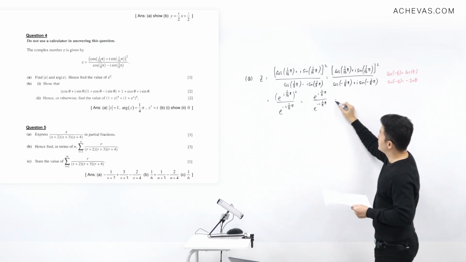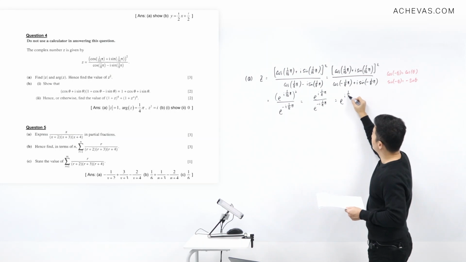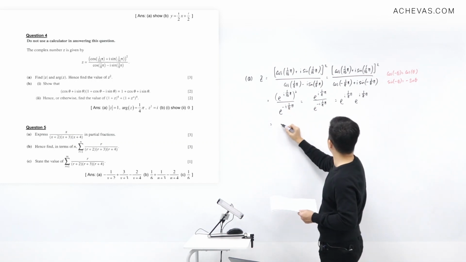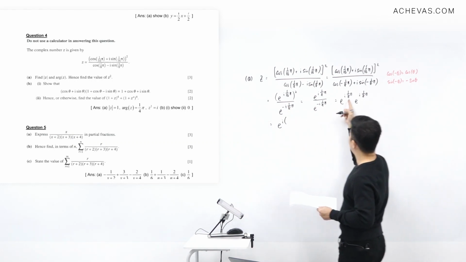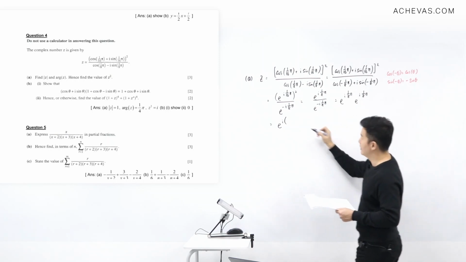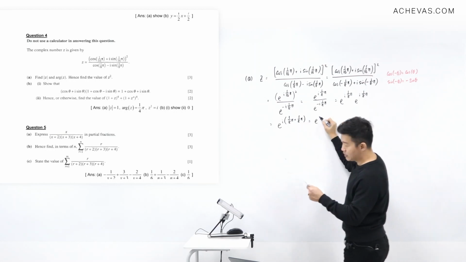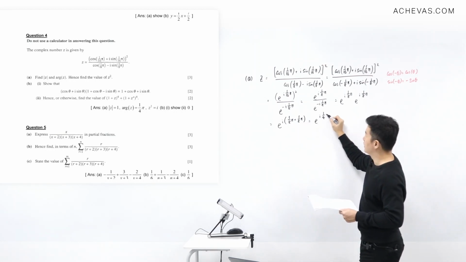This will be e to the power of i 1 over 8 pi times e to the power of i, again, 1 over 8 pi. So ultimately z is going to be e to the power of i times 1 over 8 pi plus 1 over 8 pi. This gives me e to the power of i 1/4 pi.